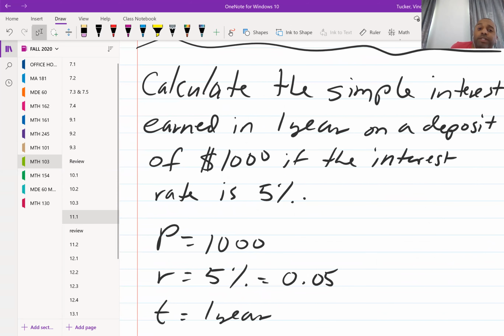Whenever doing any type of word problem, I always suggest that you write down all of your given information first. So our deposit is $1,000, that's our P. Our rate is 5%, converted to a decimal is 0.05, and our time is 1 year.